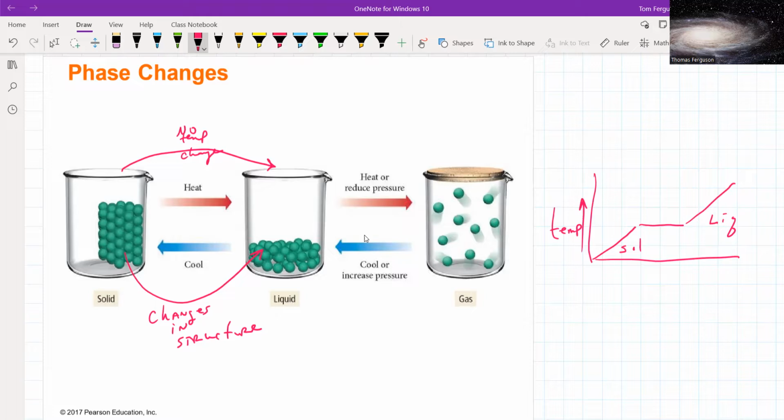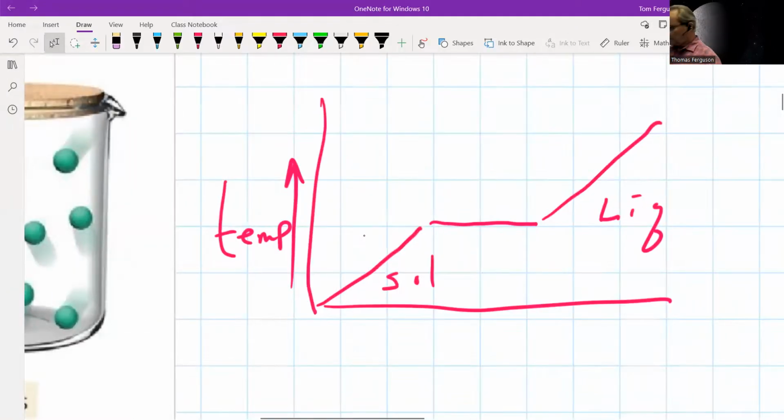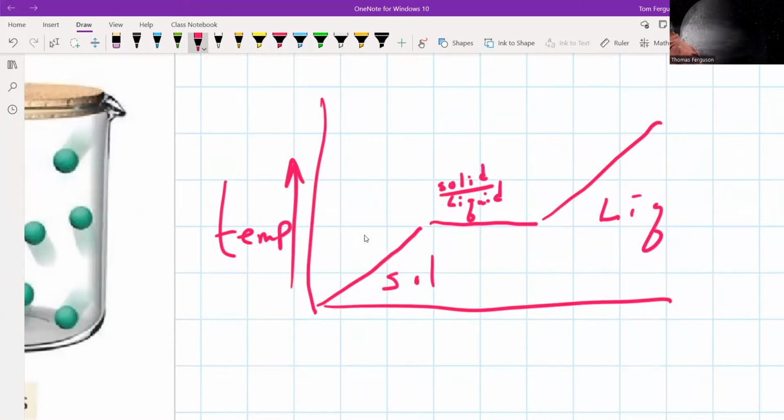So in that flat portion of that graph, that flat portion of the graph is neither pure solid or pure liquid. As soon as it hits here, it's pure liquid.